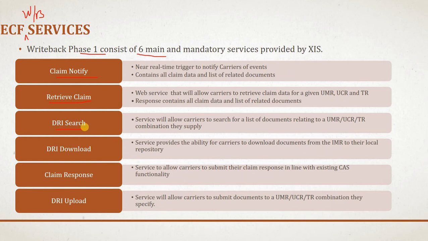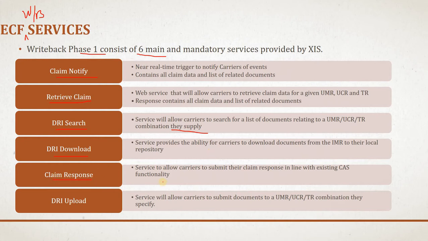Then the third service, DRI search. DRI stands for document repository interface, and this is an ACORD standard. The service will allow the carrier to search for the list of documents related to the UMR, UCR and TR combination they supply. Then you have a DRI download service that provides the ability to the carrier to download documents from the IMR system to their local repository.